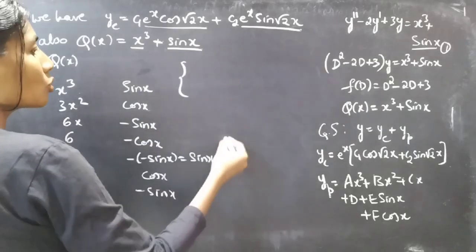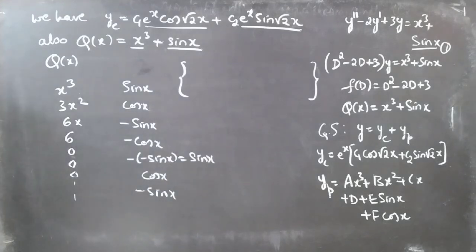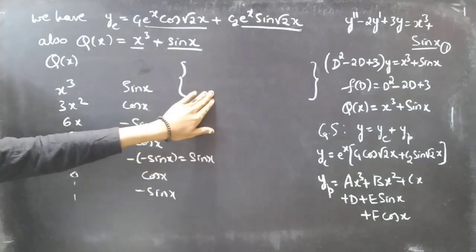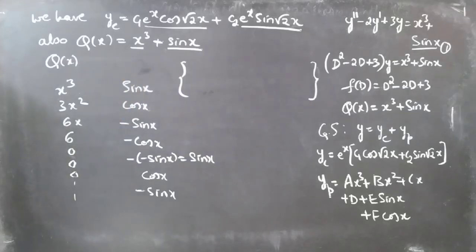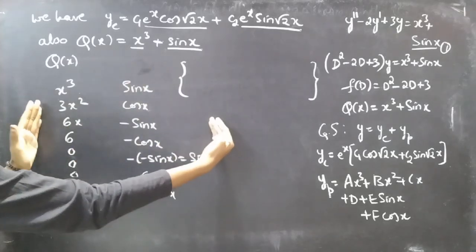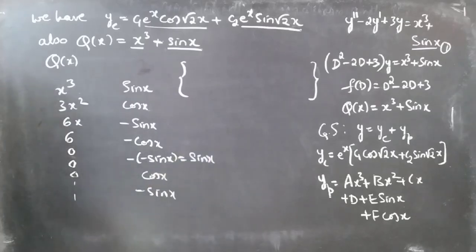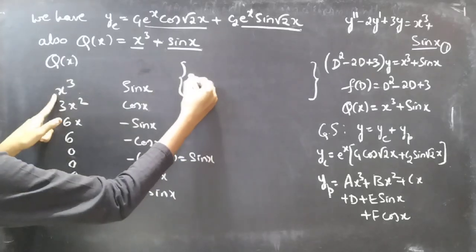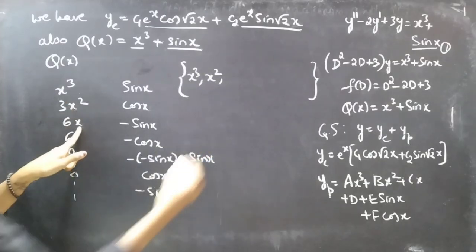Now, we'll write the terms of q of x and its derivatives in a set. Remember that this set should not involve any repeated terms. Okay. Now, I'm having q of x and all its derivatives here. So I'm picking one term: x cube, one x square, x.